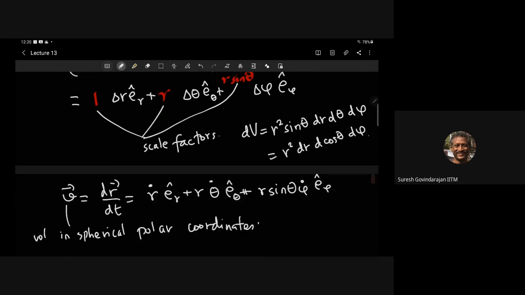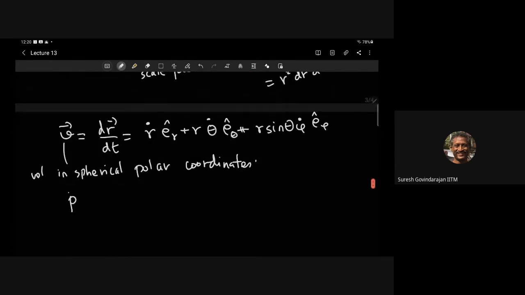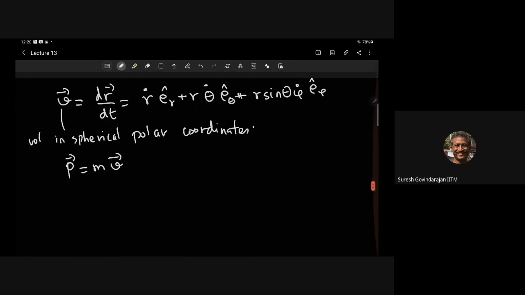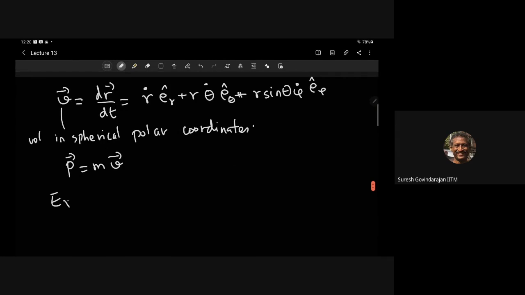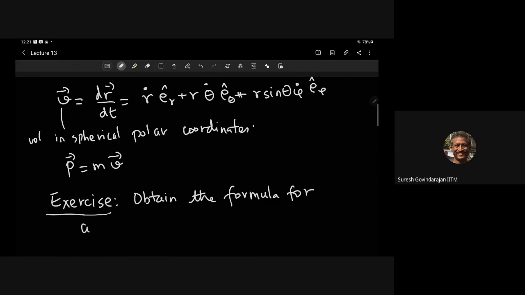Okay, so we can work out the linear momentum, that's just m times v, and we get this. So I have an exercise: obtain the formula for acceleration in spherical polar coordinates.